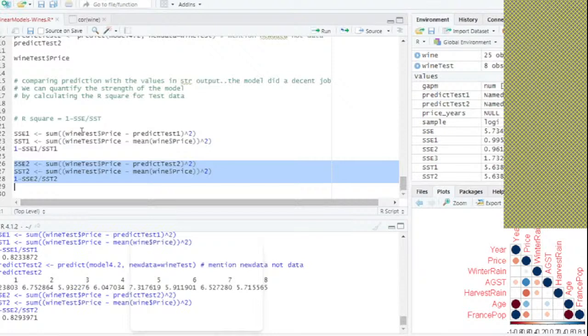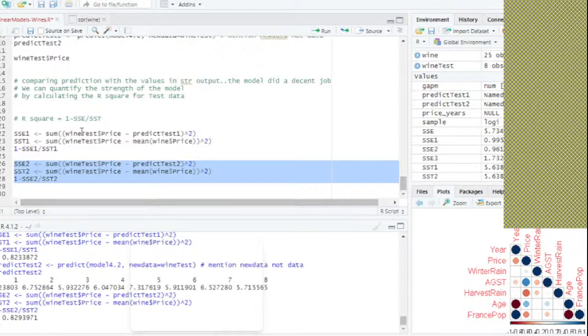How many of you calculated R square with the predicted? So that is the variation my model is explaining even on the test data, which is very close to the R square in the training data, right?